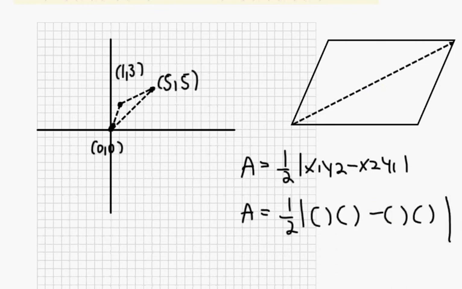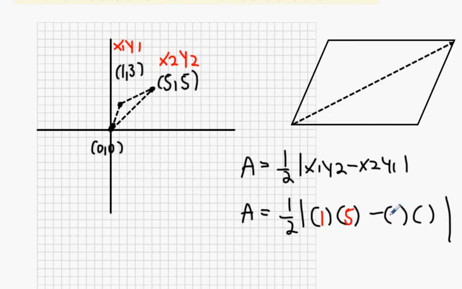Now, what numbers go where, guys? What do you want to call 1 and 3? y1. And call that one? Does it matter which ones? Would it matter if I called 1, 3, x2, y2 and I called 5, 5, x1, y1? No, you get the same answer. So, what happens here, guys, is 1 multiplied by 5.